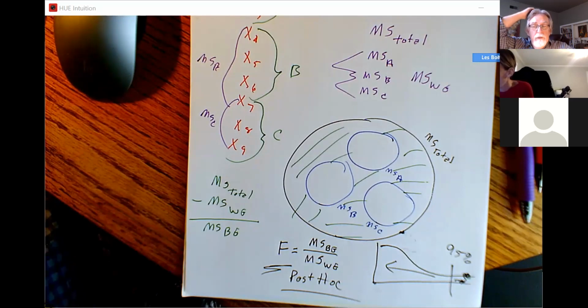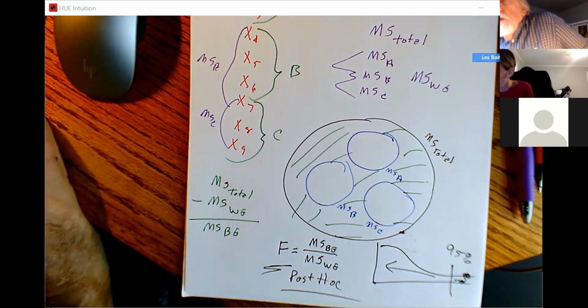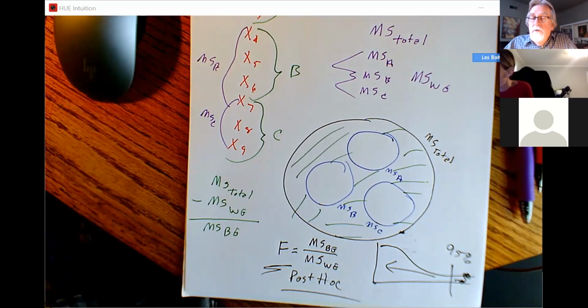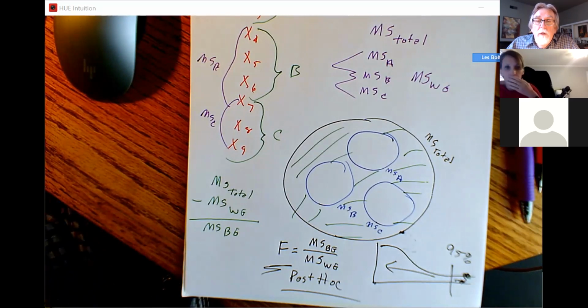In the t-tests and all, we're using variance as a way of calculating an unbiased estimate of error, whether it's standard deviation or standard error of the mean or standard error of difference on pre-post. But in an analysis of variance, we're using mean squares, which is somewhat analogous to variance.